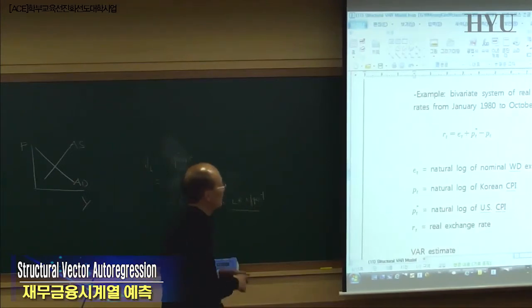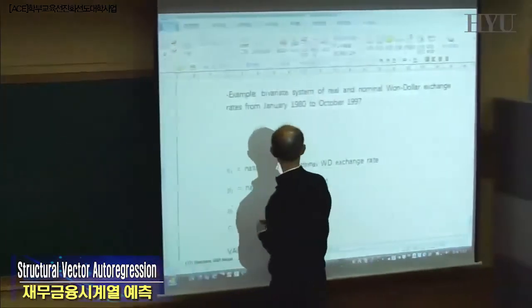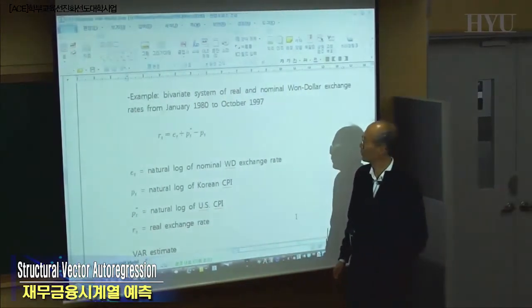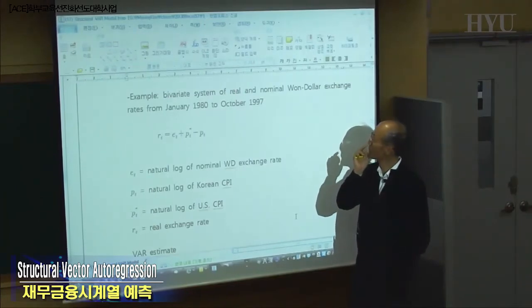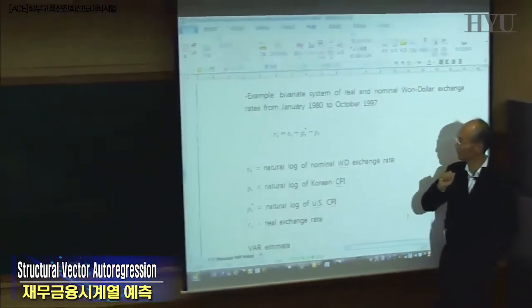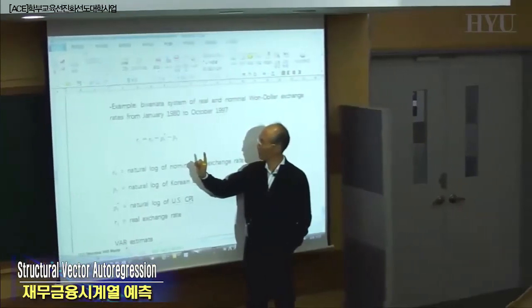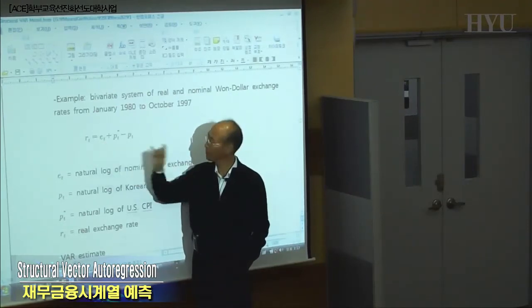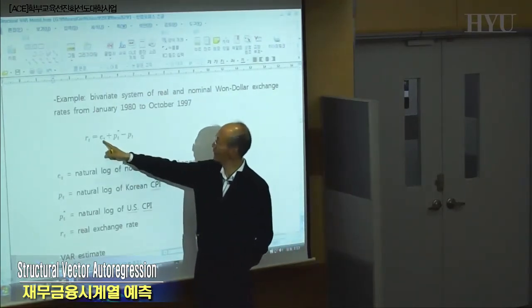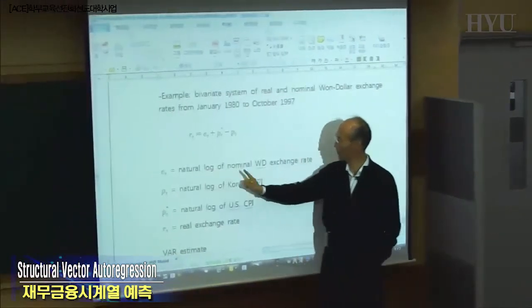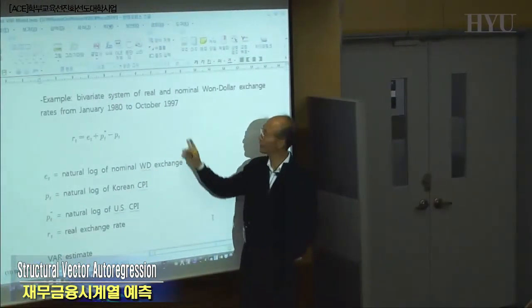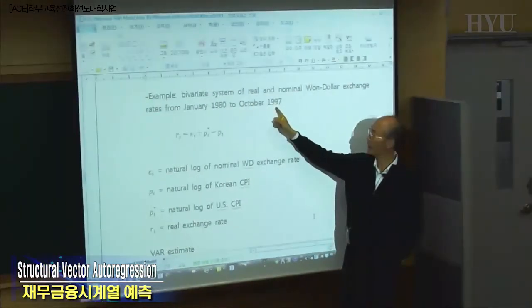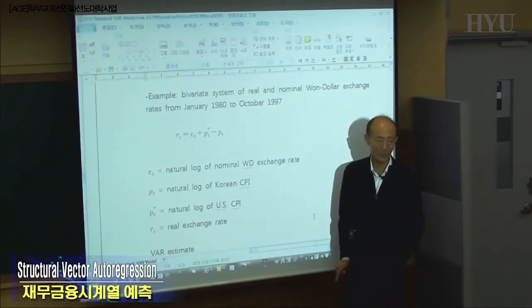So let's take a look at a real example. What I brought is from my textbook, where we were interested in modeling the real exchange rate and nominal exchange rate. This E of t is the natural log of the nominal dollar exchange rate. This is monthly, starting from 1980 to just before the outbreak of the currency crisis in 1997.